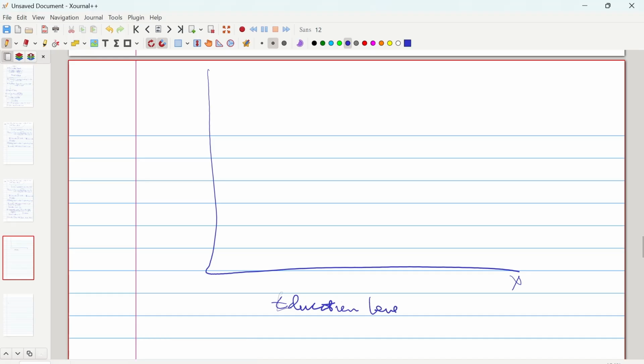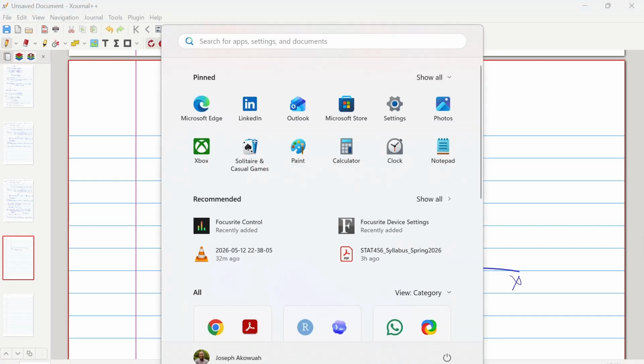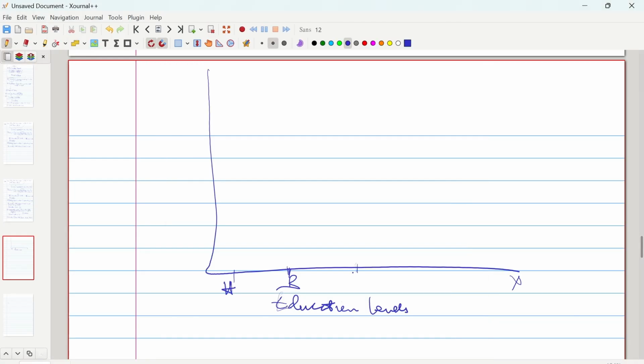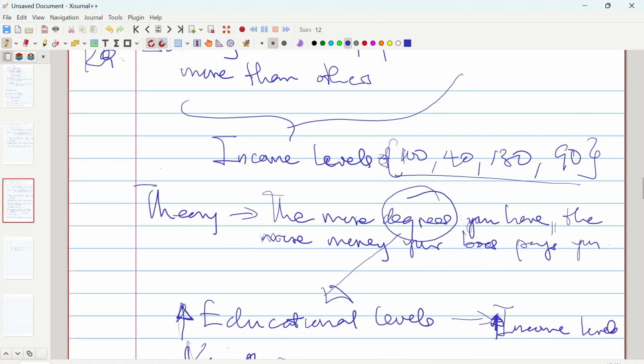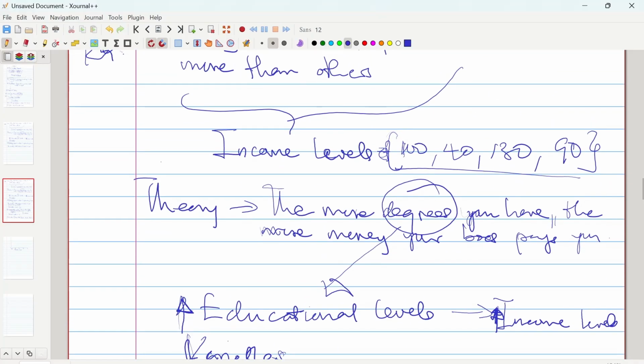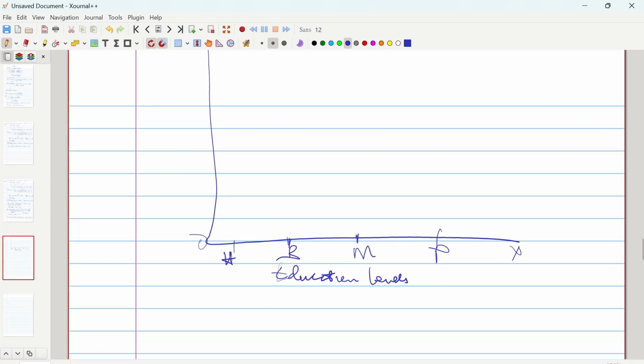High school is H, bachelor's degree is B, master's degree is M, PhD is P. In our data, we have income levels as well, which is 40, 90, 100, 130.